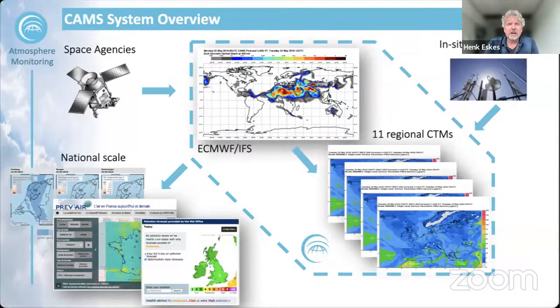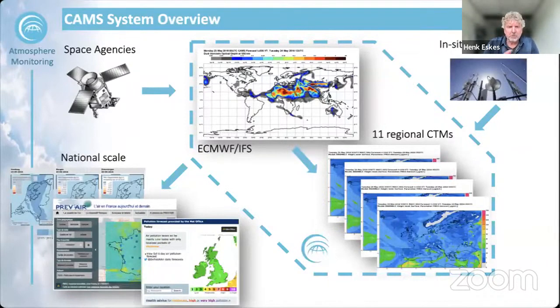But this IFS system has, in the past 10-15 years, been extended and is now including inline code to model also aerosols, reactive gases, but also greenhouse gases like CO2 and methane. And it's providing forecasts, daily analysis, and also reanalysis for these components.